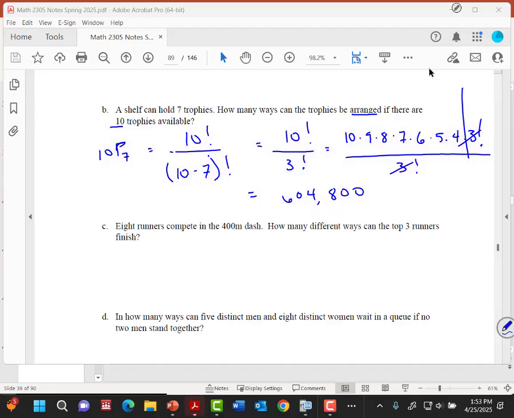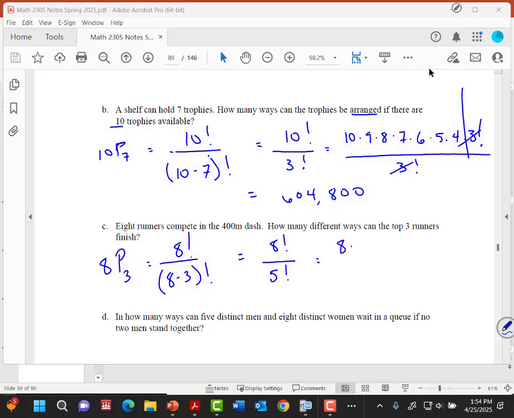8 runners compete in the 400 meters. How many different ways can the top 3 runners finish? So this would be 8 permutation 3. So 8 factorial over 8 minus 3 factorial. So this would be 8 factorial over 8 minus 3, which is 5 factorial.